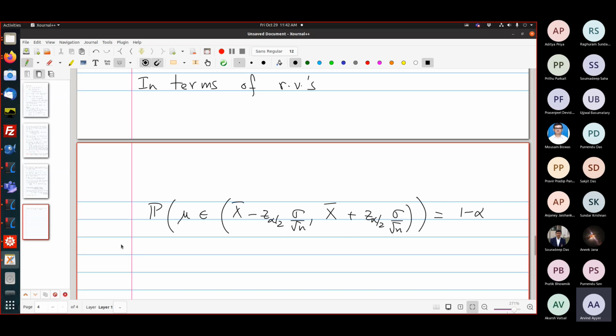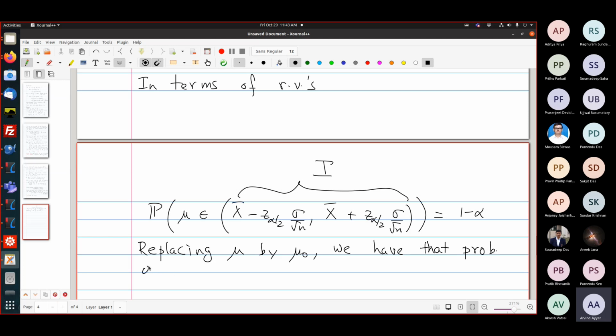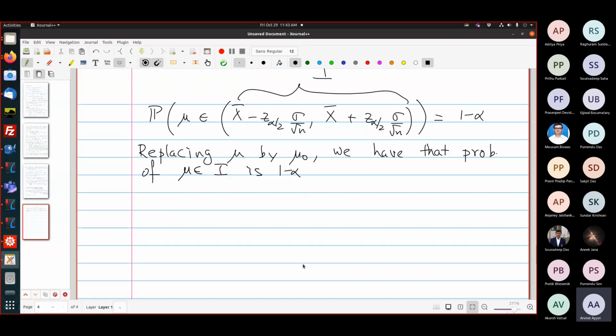This is how we derive the confidence interval. Replacing mu by mu naught, let me call this interval I. We have that the probability of mu naught belonging to I is 1 minus alpha.